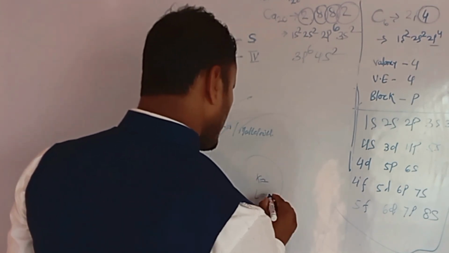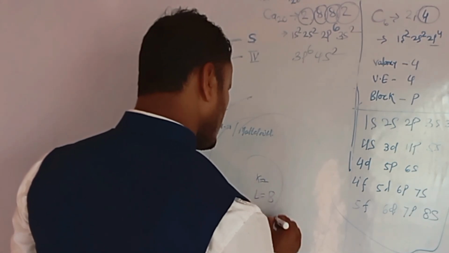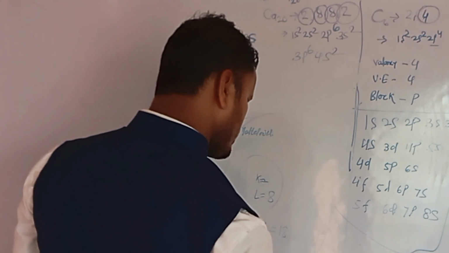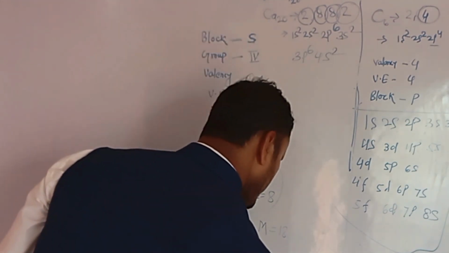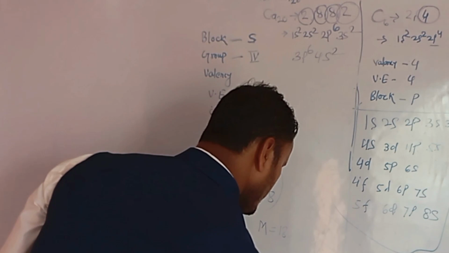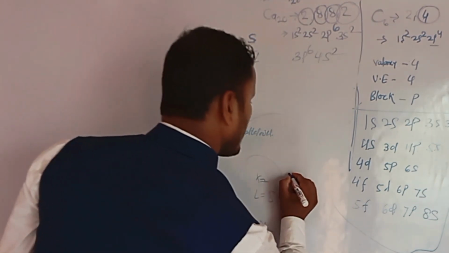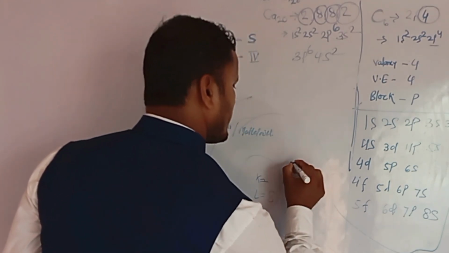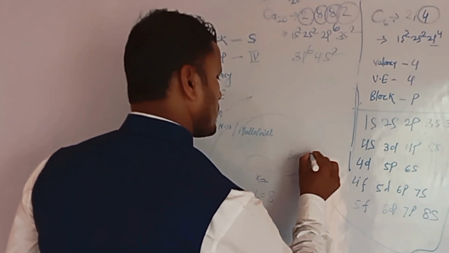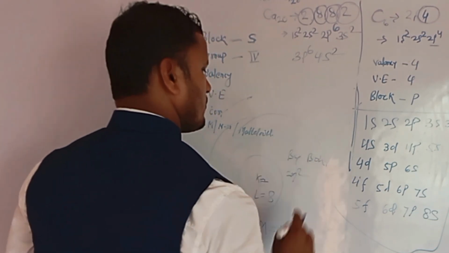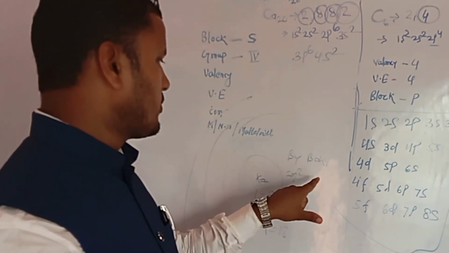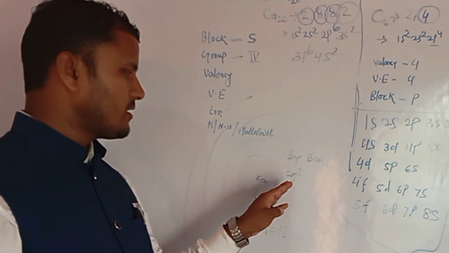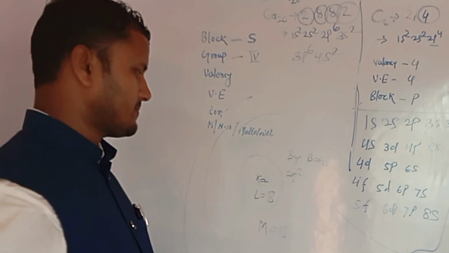In the second, 8. Then 18, 32, and 50. From the formula 2n square, by Bohr. Bohr was a scientist who found how many electrons are in one orbit by the formula 2n square.